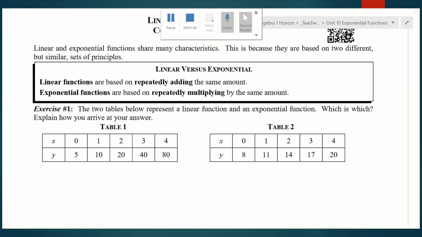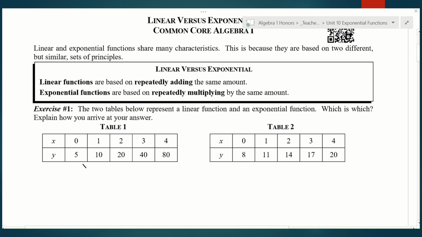Right away I can see this would not be a linear function, because my y value is not increasing at a constant rate, meaning it's not adding the same number every time to get to the next number. So I think, can I be multiplying by the same amount? 5 times 2 is 10, 10 times 2 is 20, 20 times 2 is 40, and 40 times 2 is 80. So this must be an exponential function, because I'm multiplying each of those numbers by 2.